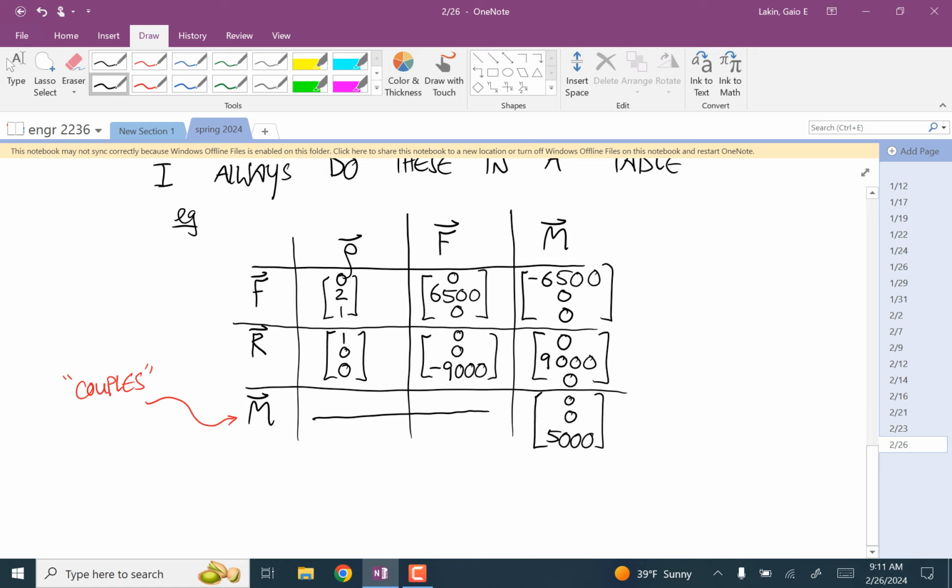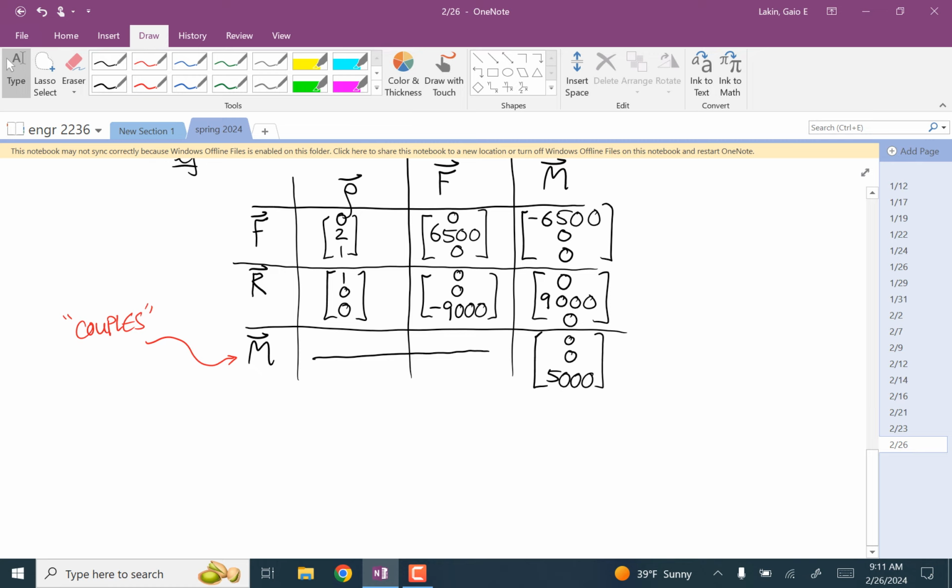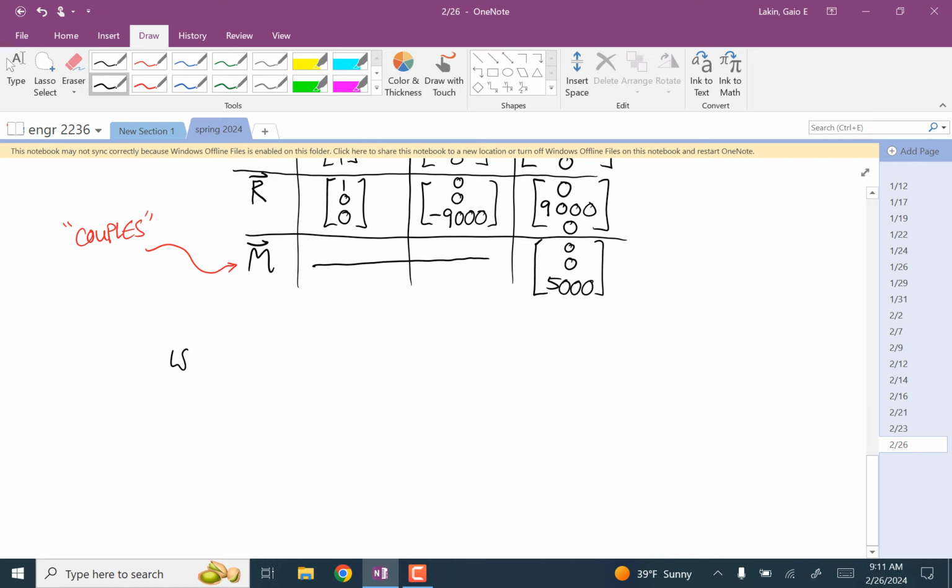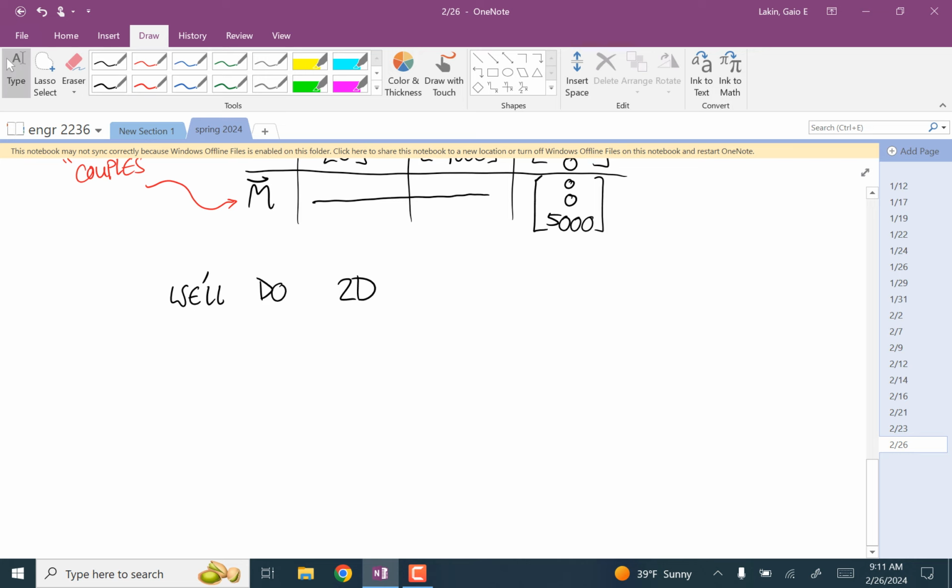Okay, we're going to use this stuff in 2 dimensions. What does that look like?